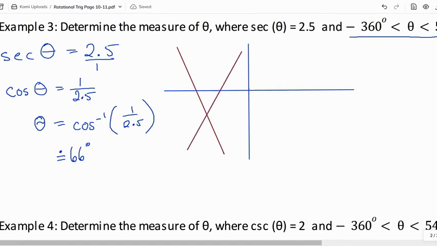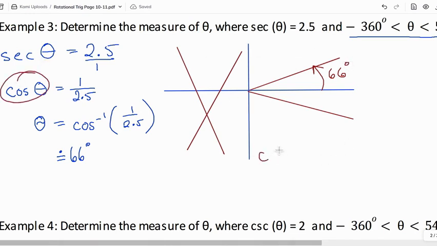So that means we've got an angle in 1, and we've got an angle in 4, and they are all 66 degrees away from the x-axis. Cosine is positive in C and A.